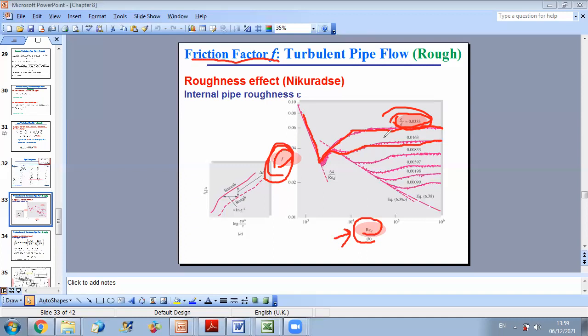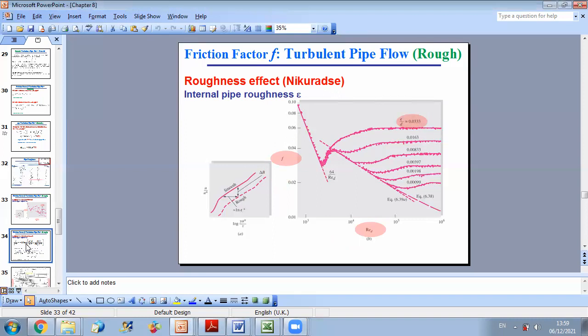This is what we call the Moody chart: the results developed by the scientist Moody and drawn in a graph. Different scientists worked on this, and you can have different graphs, but the most used one is the Moody diagram.